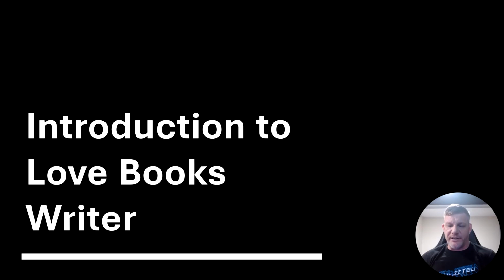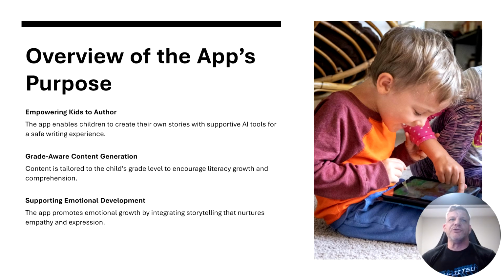The reason why I decided to develop this type of app is I have an 8-year-old daughter. She had an assignment at school to write a book, and based off my background and passion to help her succeed and do it in a unique way, I decided to design an app to help.